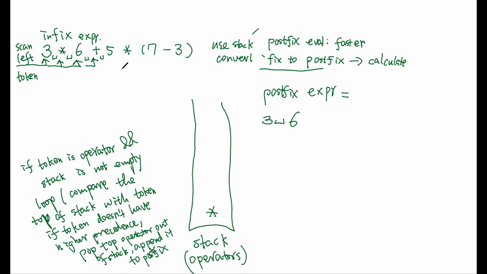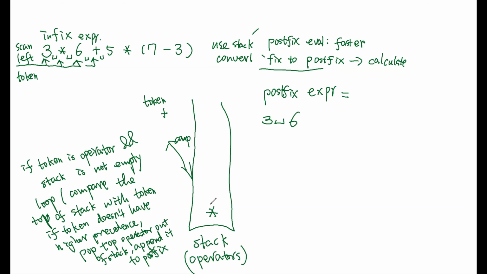We have plus. So this is our token. Then I need to compare with the top of the stack. Top of stack is multiplication. And this token doesn't have a higher precedence, because multiplication is ahead of plus.